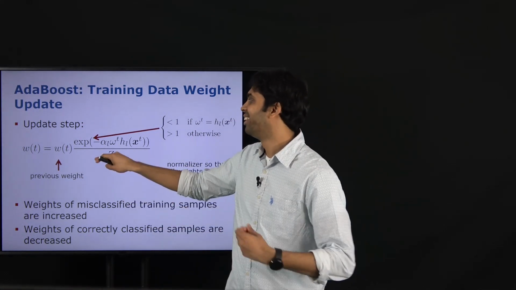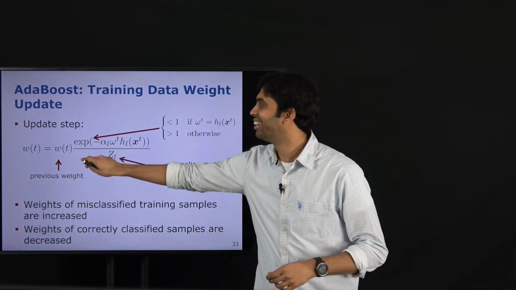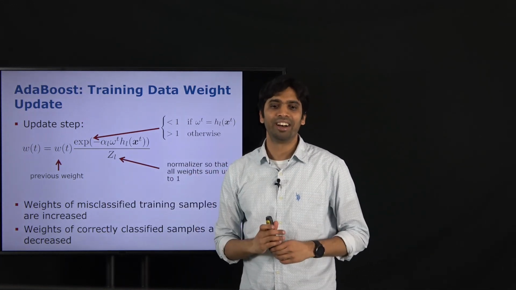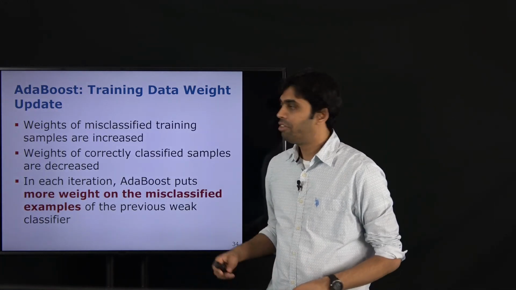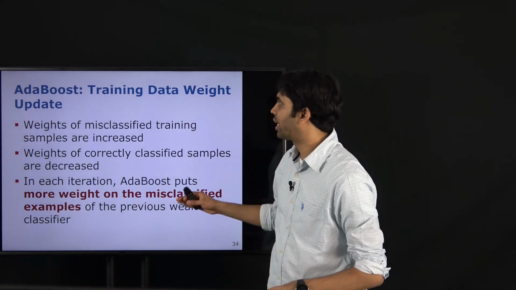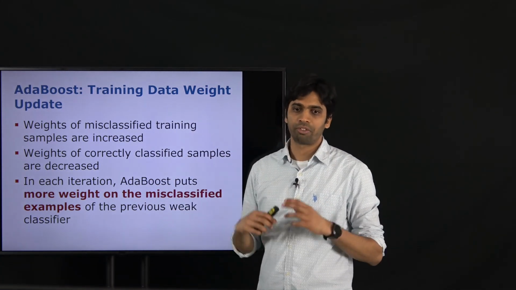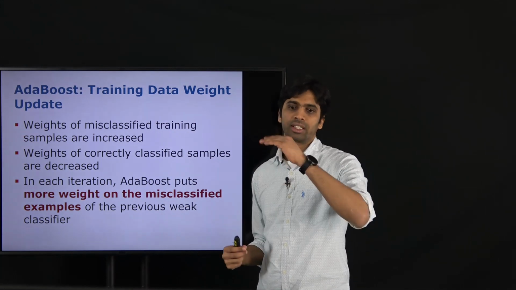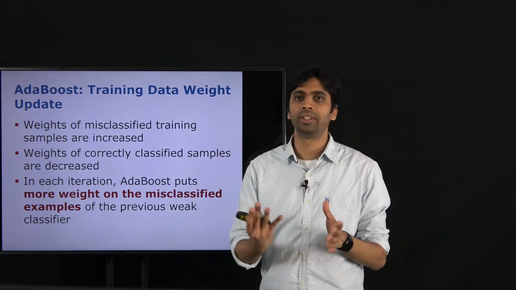You would end up with a simpler looking formula, but it would do roughly the same thing as this particular exponential decay formula. And so you want to increase the weights of the examples which have been misclassified versus the ones which have been correctly classified. This is the core principle of AdaBoost.